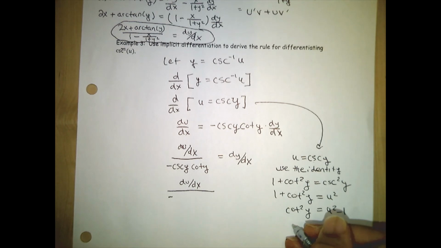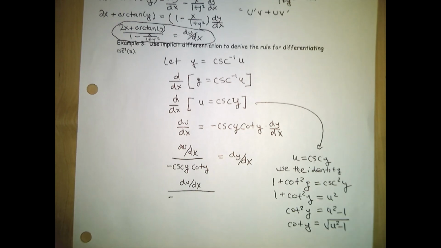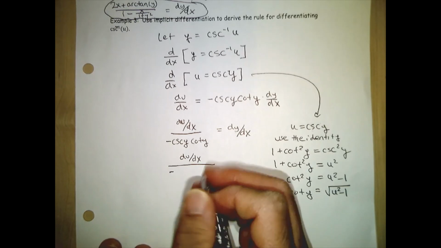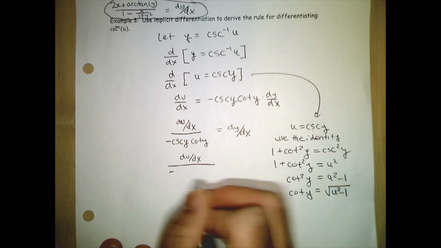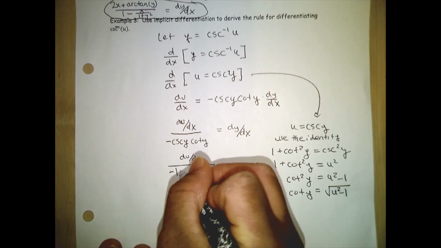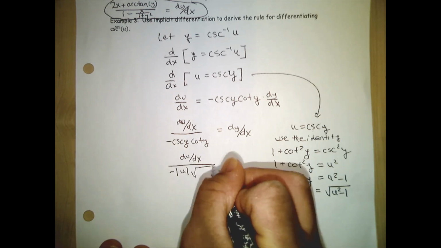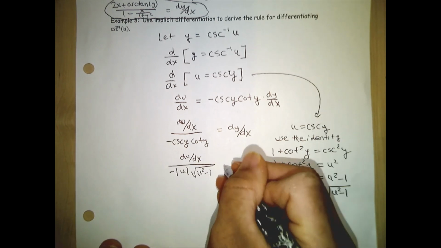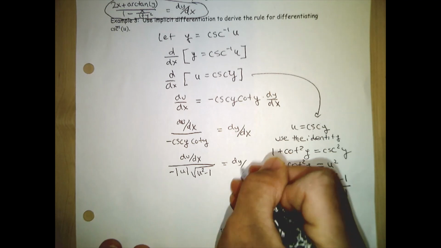And then I'll take the square root. So cotangent of y is the square root of u squared minus 1. So now this becomes, all right, negative absolute value of u, square root of u squared minus 1 equals dy dx.